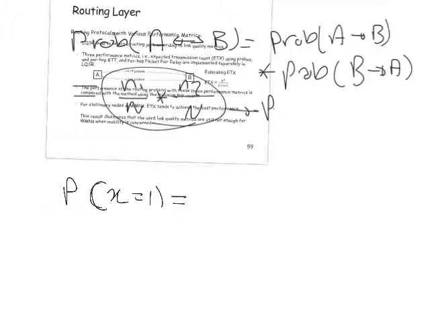This equals the fact that we send the packet one time and it gets to B. What is that probability? What is the probability of success from the first time? It's P. Now we called it P. Okay. What is the probability x equals 2?